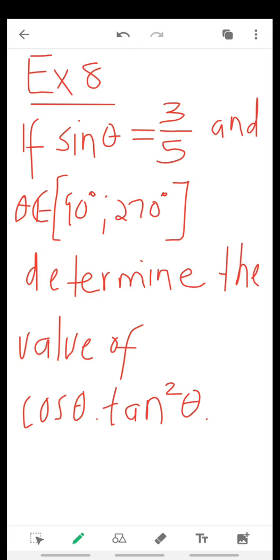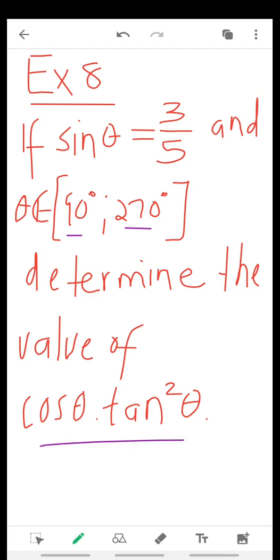Now let us apply our CAST as well as the trig ratios in example number 8. If sine theta is equal to 3/5 and theta must lie between, that's how you must read it, I repeat again, theta must lie between 90 degrees and 270 degrees, then what will be the value of cos theta times tan squared theta?